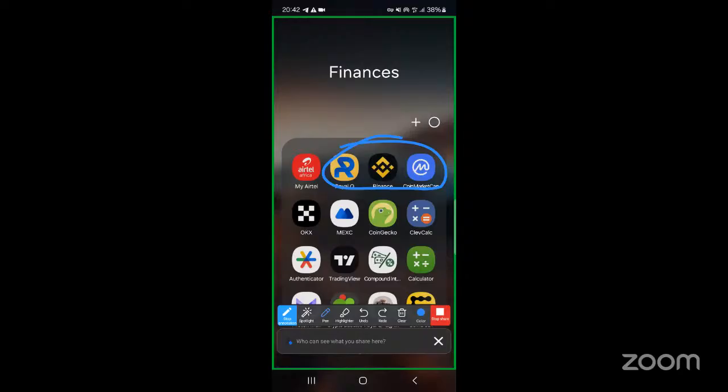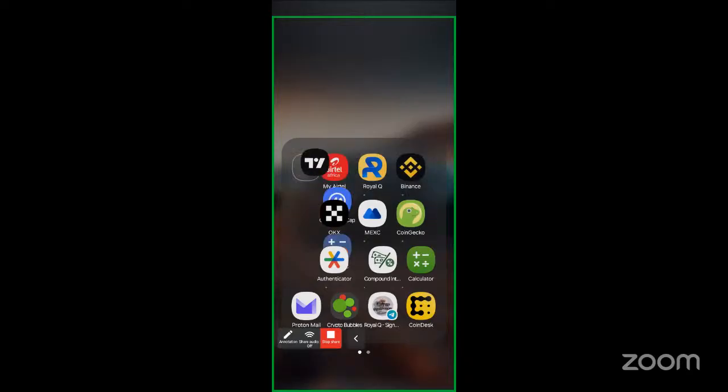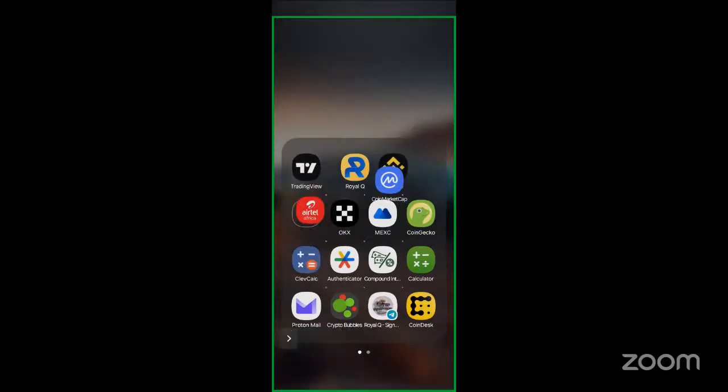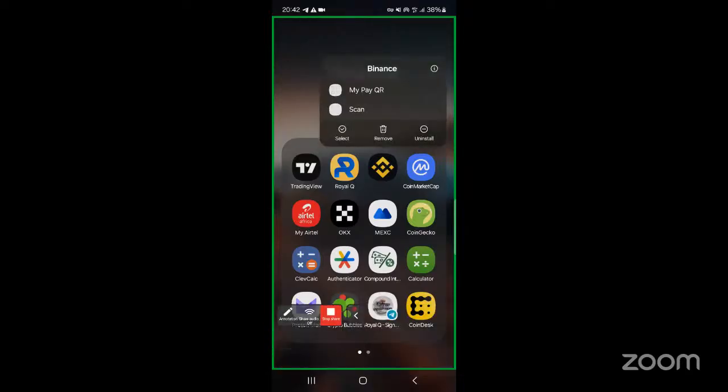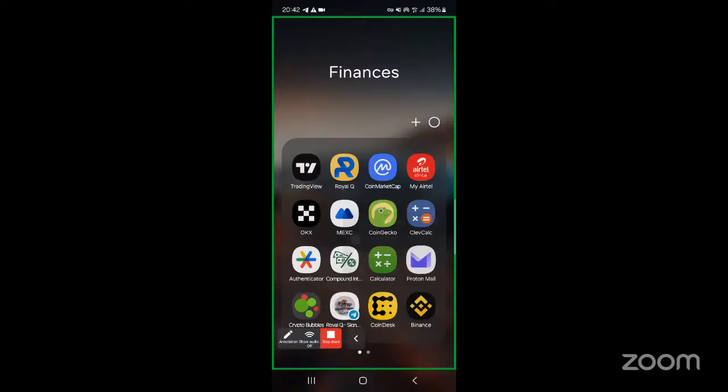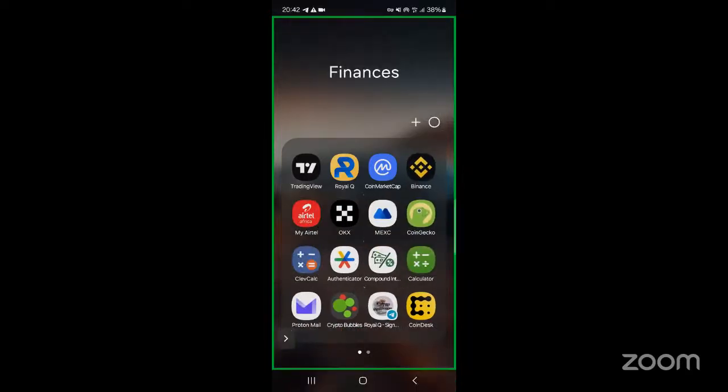These are the apps that I use, 3 of them. I should bring this one closer so that you can understand what I am trying to say. So they are basically these 3 apps.